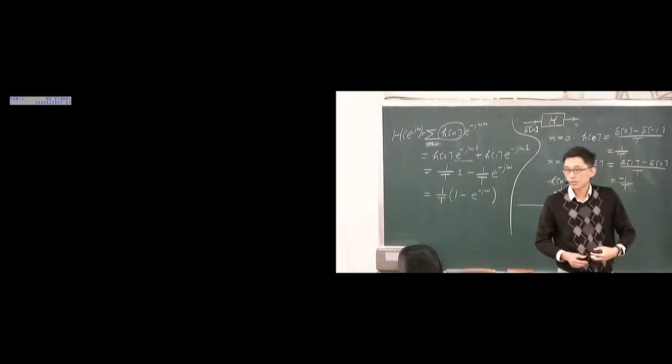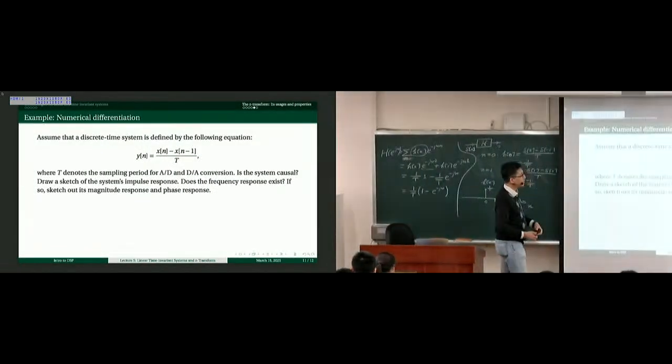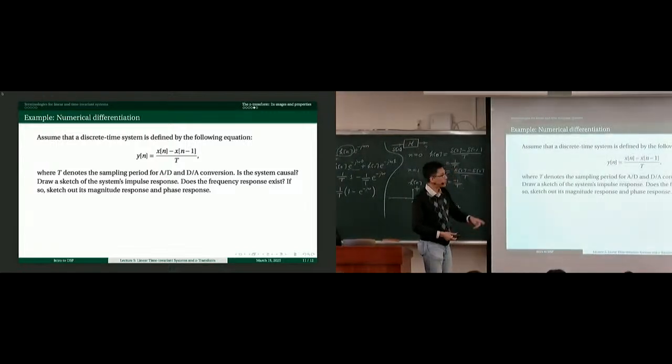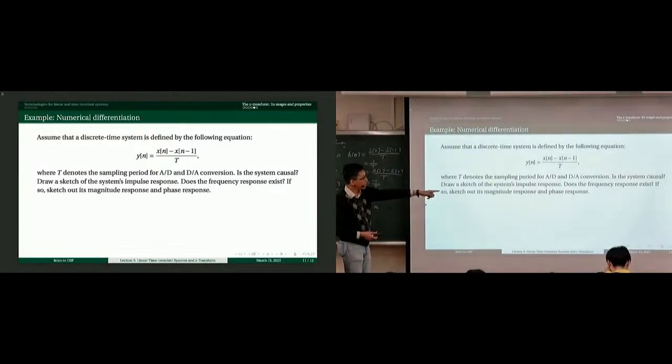Okay, so let's contemplate the two solutions: different ways to reach the same conclusion. All right. Now, with two different ways to reach the conclusion, we have a consistent expression for the frequency response.